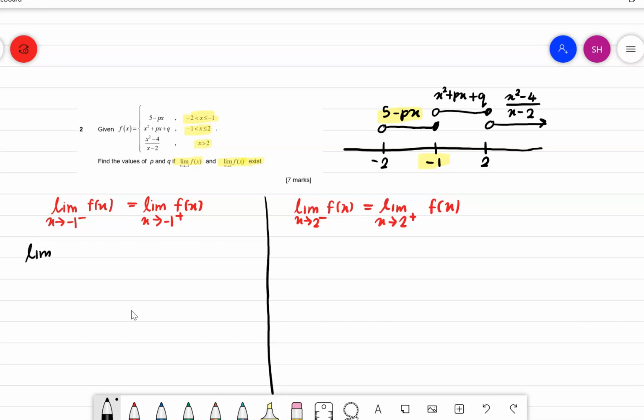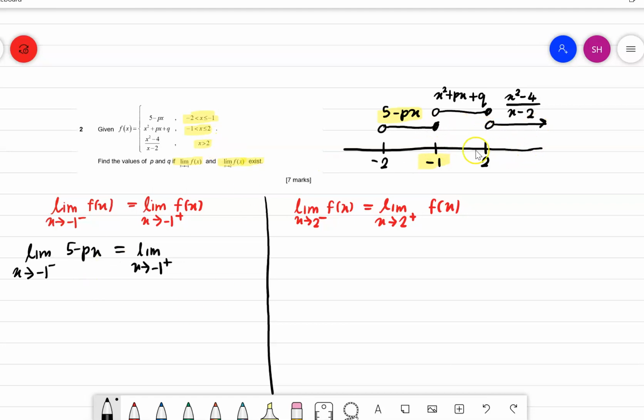The limit of 5 minus px as x approaches -1 from left equals, for x approach -1 from right, the function yang menghampiri -1 daripada kanan.